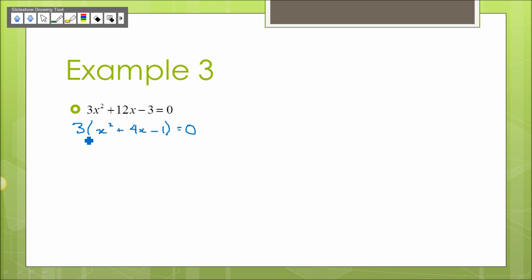Now remember, when we're dealing with equations, if I want to move something from one side to the other, I must do the complete opposite of what's currently written. So this is 3 times what's inside the brackets. So I'm going to need to divide both sides by 3 to remove it, and that leaves me with x squared plus 4x minus 1 equals 0 divided by 3, which is still just 0.